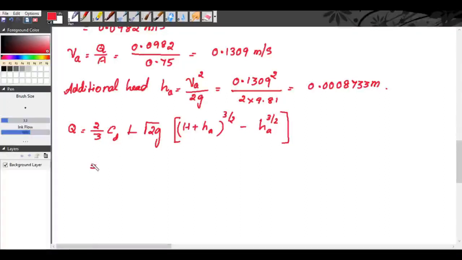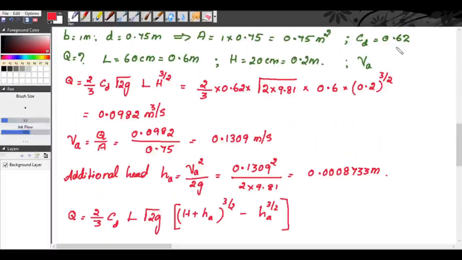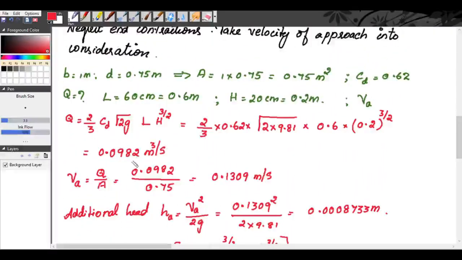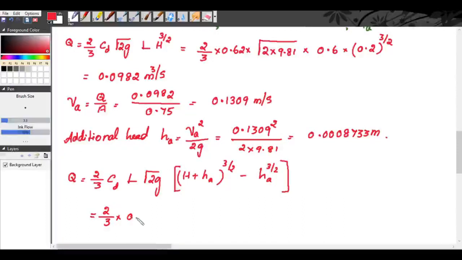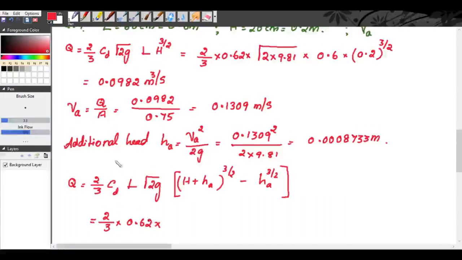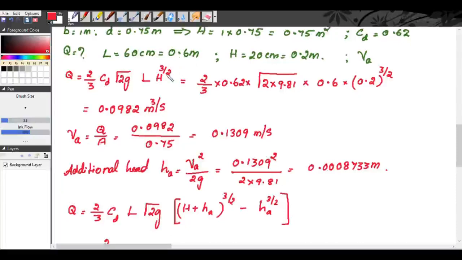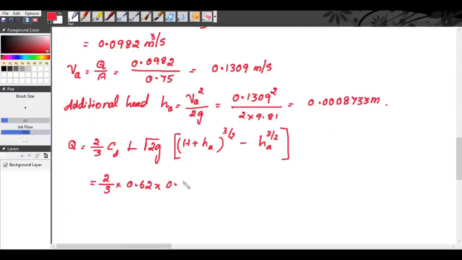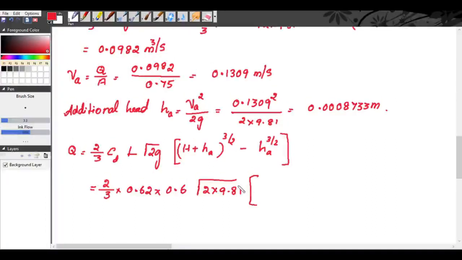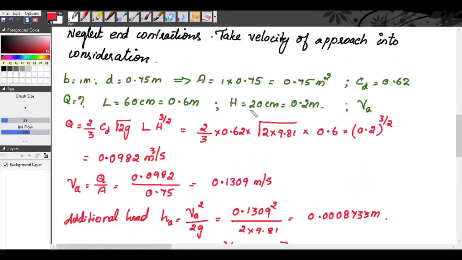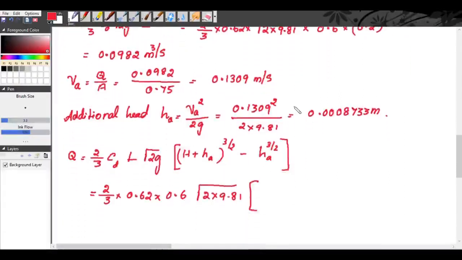So, discharge by considering the velocity of approach is equal to 2 by 3 into CD, given as 0.62, into length of the crest, given as 0.6 meter, into square root of 2 into 9.81 multiplied by the head H, given as 0.2 meter.